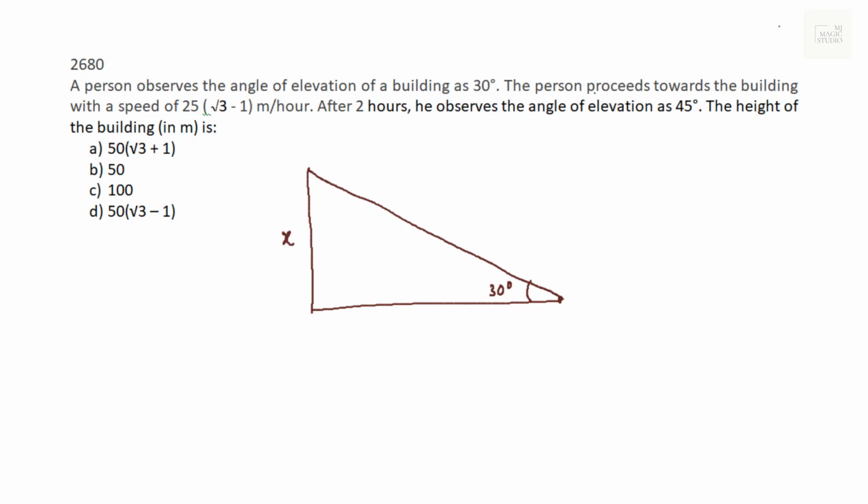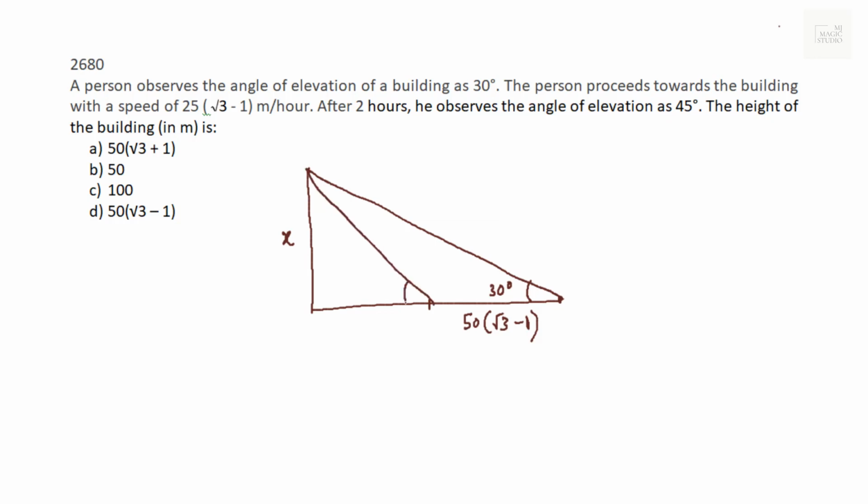Assuming the person proceeds towards the building with a speed of 25 into root 3 minus 1 meters per hour, after 2 hours the distance travelled by him would be 50 into root 3 minus 1, that is 25 into root 3 minus 1 into 2, because that is an hourly rate. He observed the angle of elevation as 45 degrees.